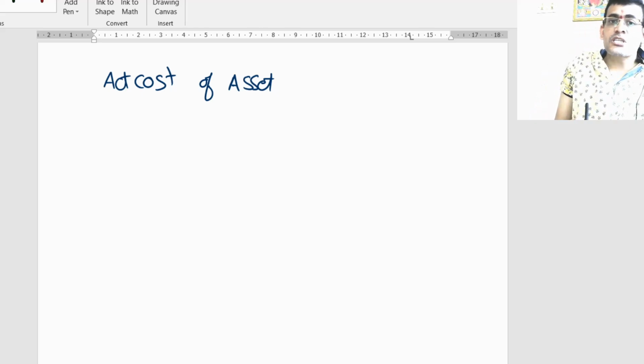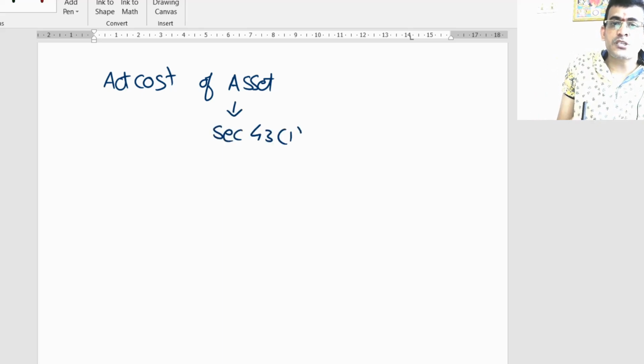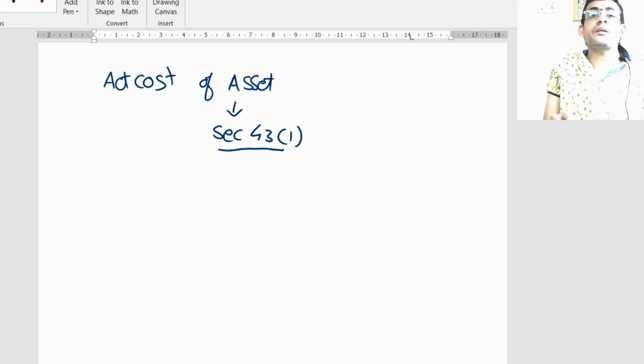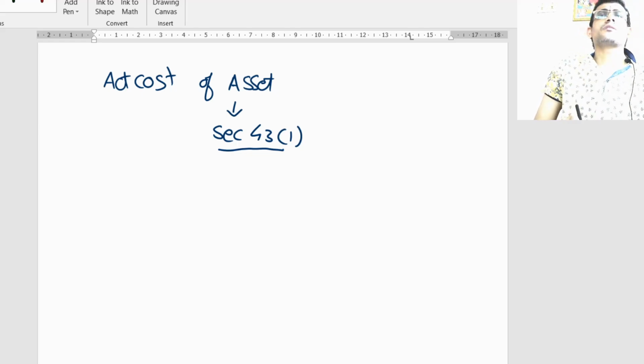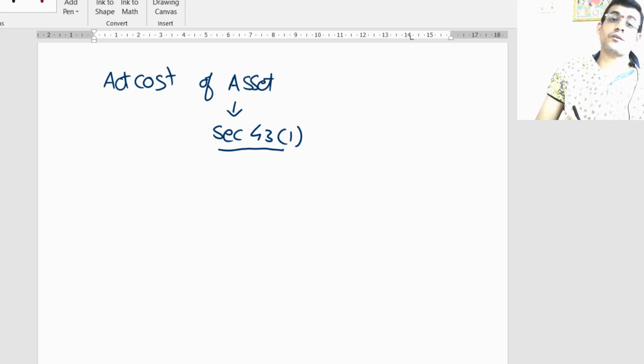Now this actual cost of the asset is defined under section 43 subsection 1. Section 43 subsection 1 speaks about how I determine the actual cost of the asset. Of course, along with 43 subsection 1, it has specified several explanations regarding the calculation, addition and deduction from the purchase cost of the asset.